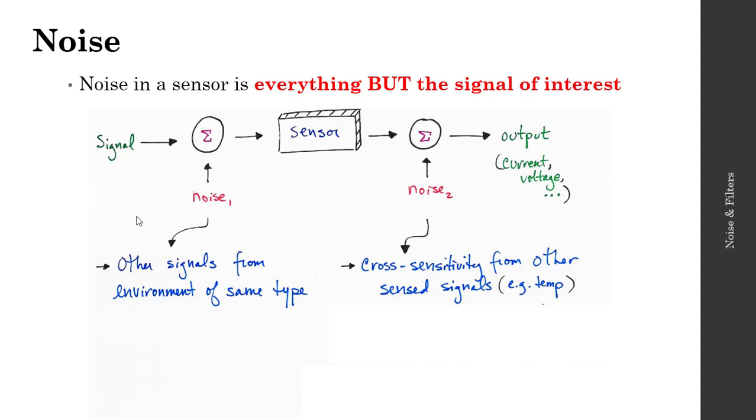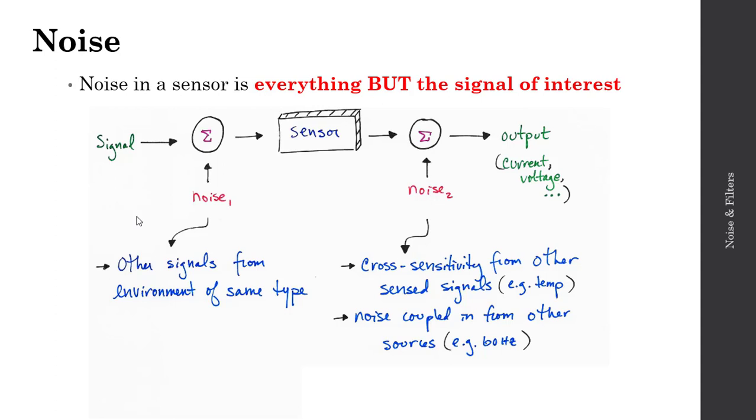And this will show up as noise in my measurement. Noise 2 could also be noise coupled in from other sources. A very common one is 60 hertz EMI interference coming off of the wall. So if your sensor is acting like an antenna and it's near a wall plug or an extension cord, oftentimes you'll see the presence of this 60 hertz noise coupled into your signal.